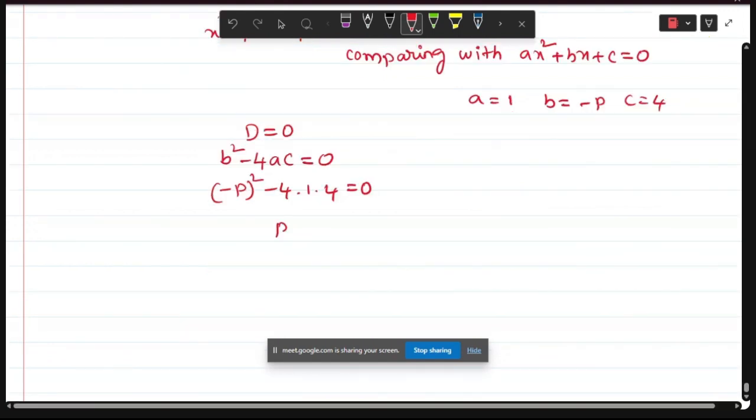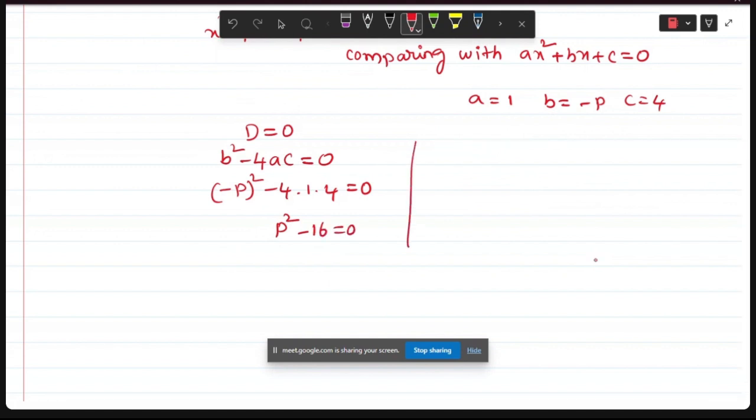Therefore p square minus 16 is equal to 0. p square is equal to 16, so p is equal to root 16. What is the p value? Plus or minus 4. Why?